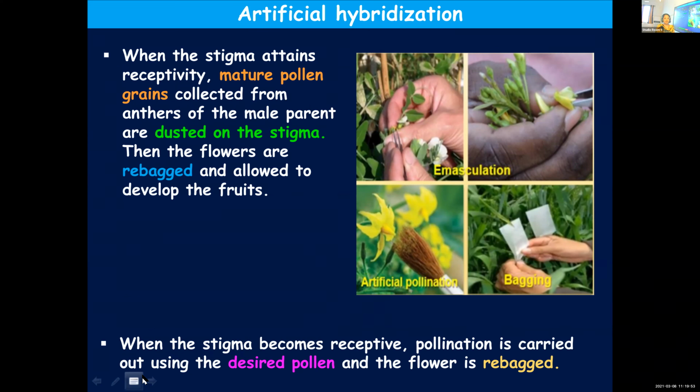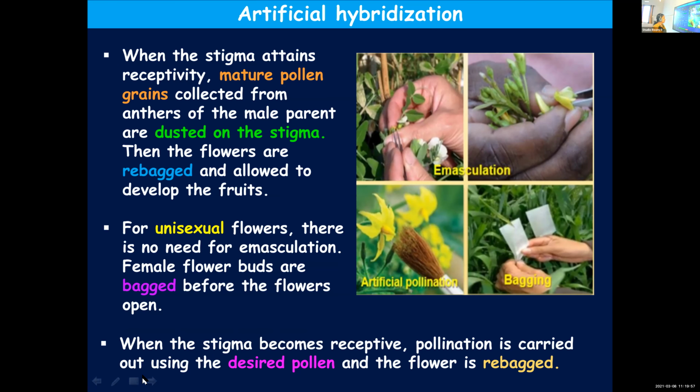And in case of unisexual flowers, it's not necessary to carry out emasculation, because it will have only one of the reproductive structures. In unisexual flowers, female and male flowers will be different. So in the case of female flowers, before it opens, it will be covered with a bag to prevent the stigma from getting contaminated by unwanted pollen.